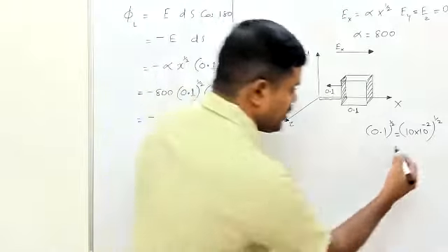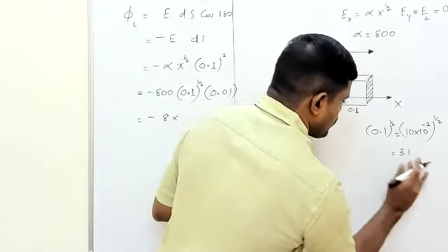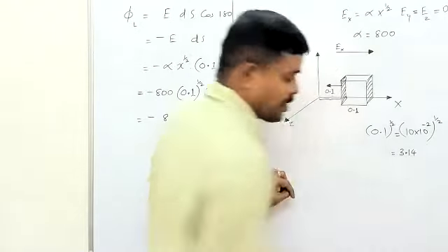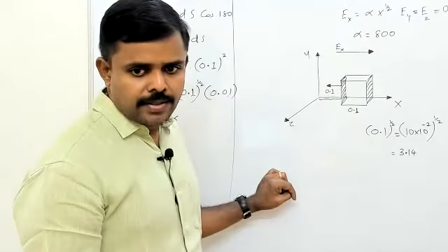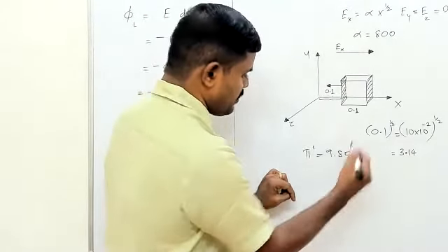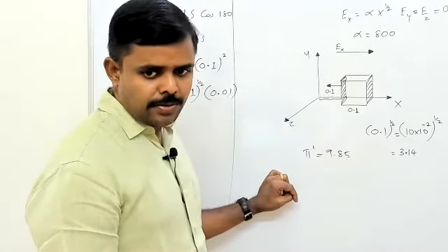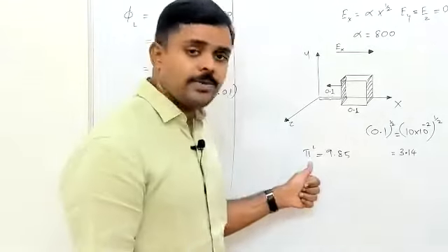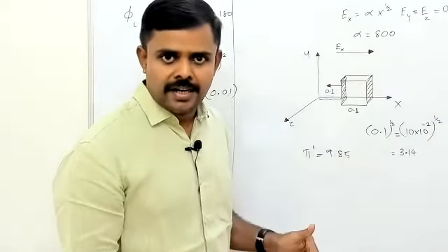Then what is the square root of 10? 3.14. Ask me why: pi squared is roughly 10. Pi squared value is actually 9.85. I told you many times in first year classes, whenever you see pi squared, you can take it as roughly 10.